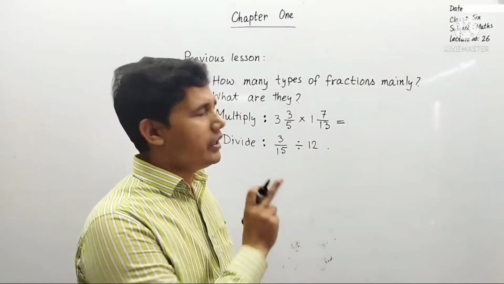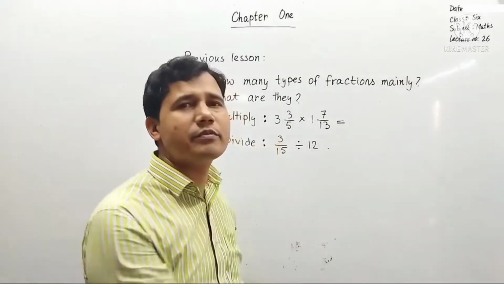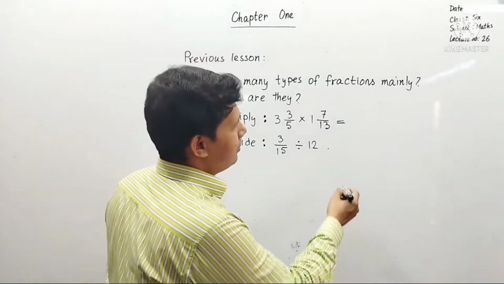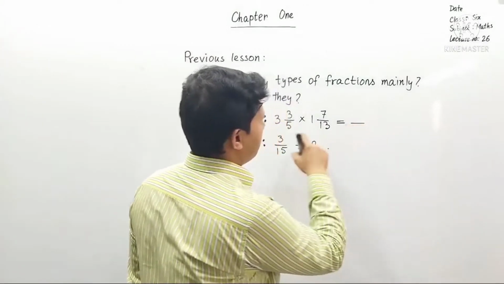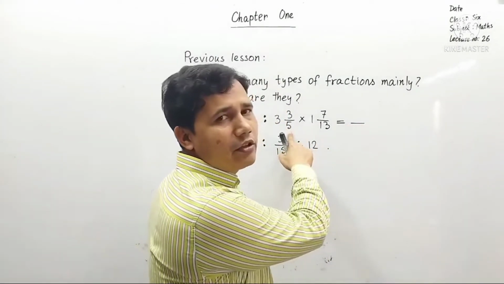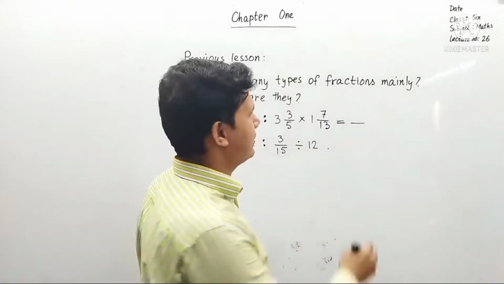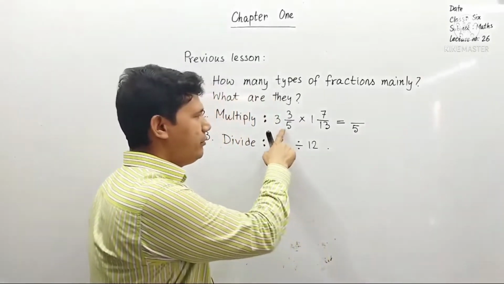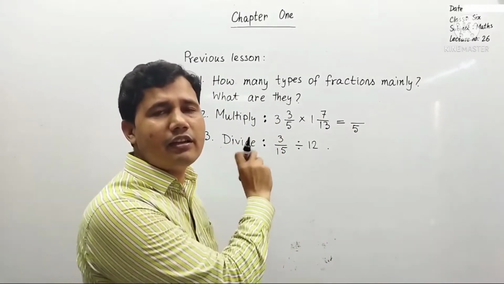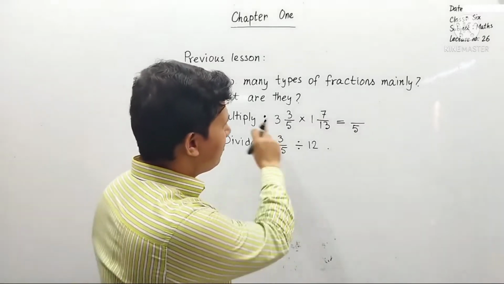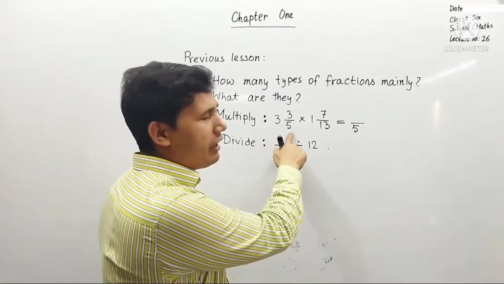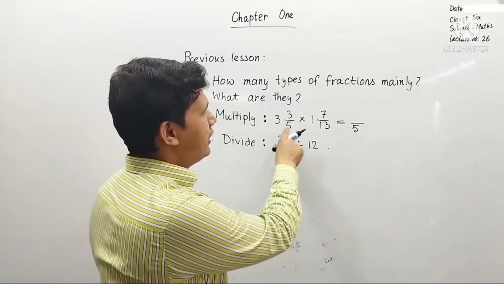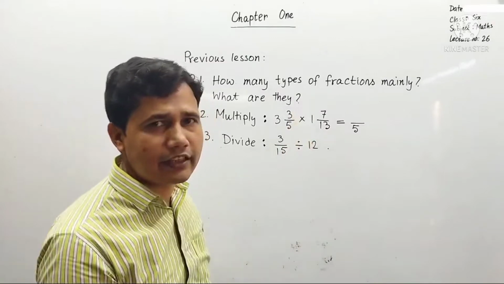At first, you will convert this mixed fraction into improper fraction. Okay? So, we will convert now. This is the denominator. Denominator will be the same. So here you will write 5, and the denominator will be multiplied with the integer, that means whole number. 3 into 5, 15, and numerator will be added. 15 plus 3, 18.